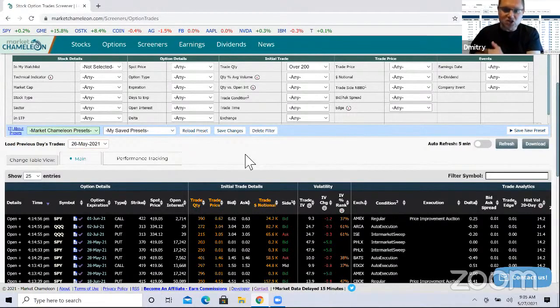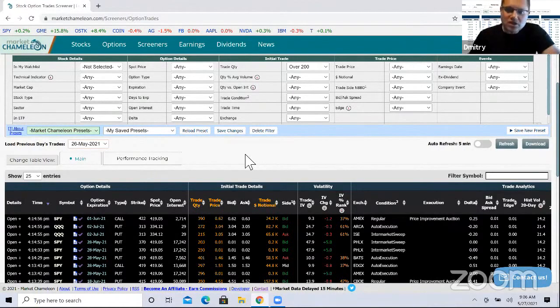You never just want to jump on the trade. But certainly a lot of people use this to generate ideas, and it's really filtering out particular trades that are significant because of their size, the quantity in the trade. We right now have it set to at least 200 contracts or more, but there are different ways to look at it besides volume, the notional value. You could keep narrowing down significant trades.